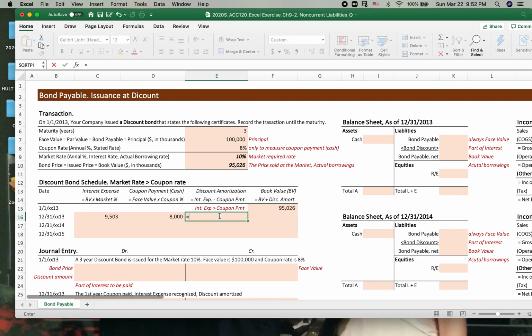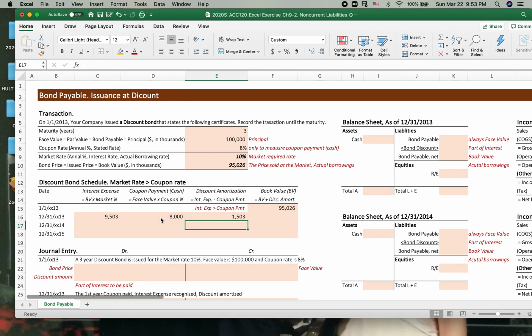So the discount now should be reduced by this $1,503. Why? Because the coupon payment of $8,000 should have been $9,503, but the company only gave the investor $8,000.